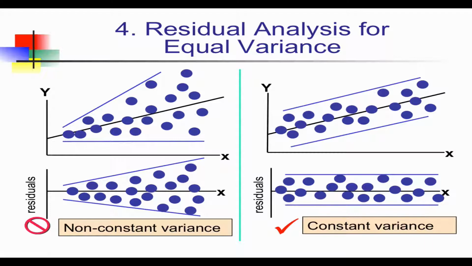So the last assumption is normality. And here we are going to teach you a useful plot, which is called a QQ plot. A QQ plot can be used to assess whether your observed data follows a certain distribution.